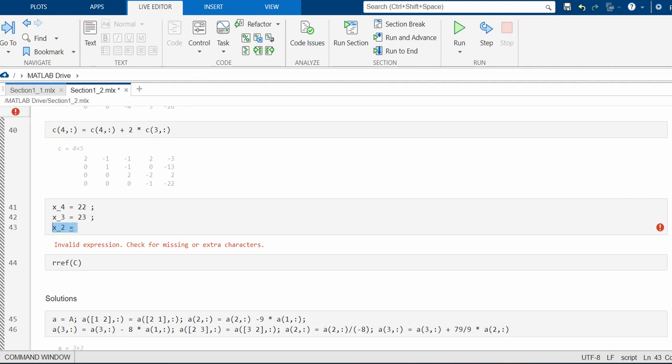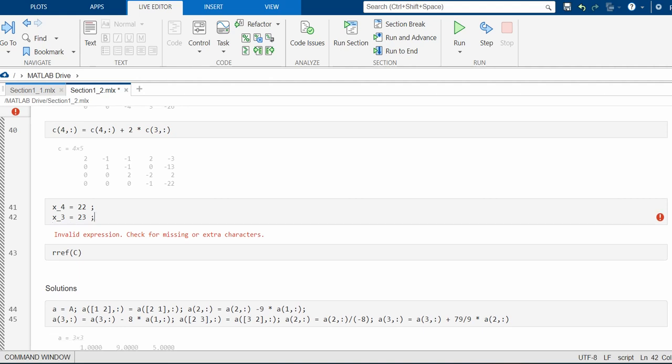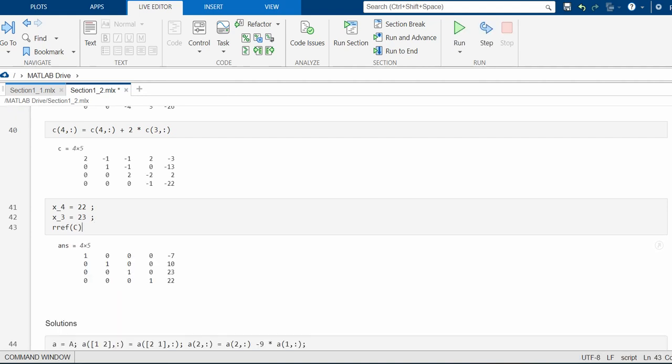Oh, it doesn't like this. I'm sorry. Okay. And you can see that x sub 4 is equal to 22, x sub 3 is equal to 23, x sub 2 is equal to 10, and x sub 1 is equal to negative 7. I must have made an error there when I was solving that equation in my head.